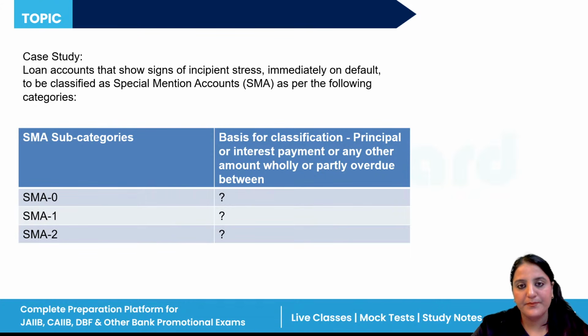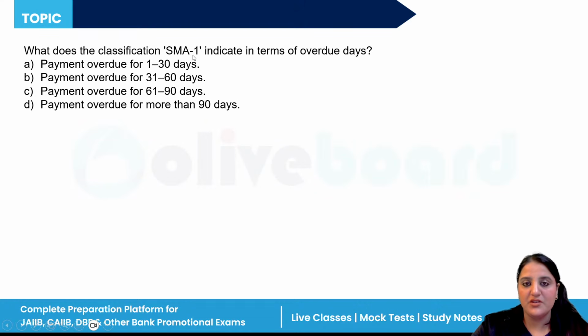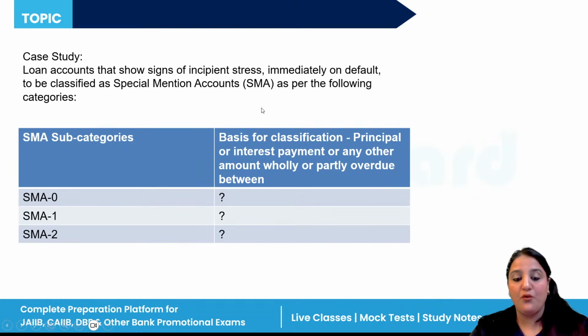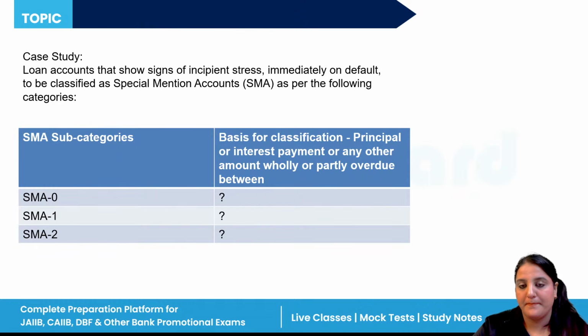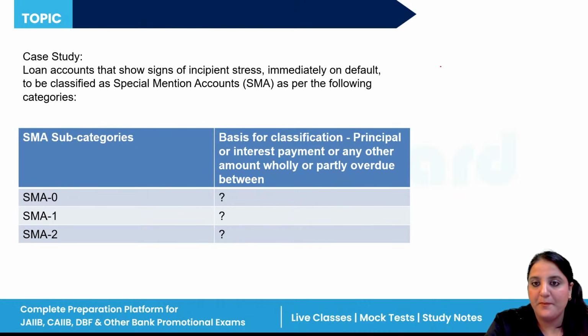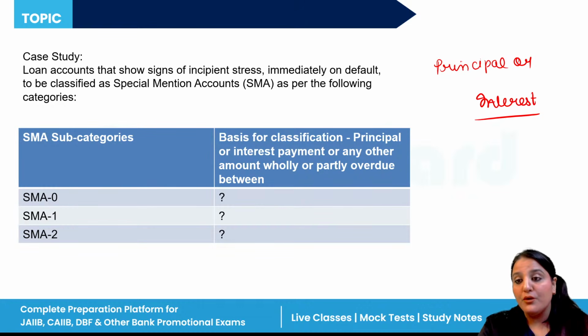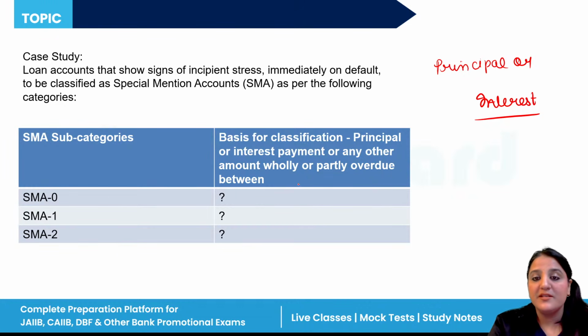Case study is given. Now in this, what does the classification SMA1 indicate in terms of overdue days? As per the RBI norms, SMA1 refers to accounts where principal or interest is due between 31 to 60 days.